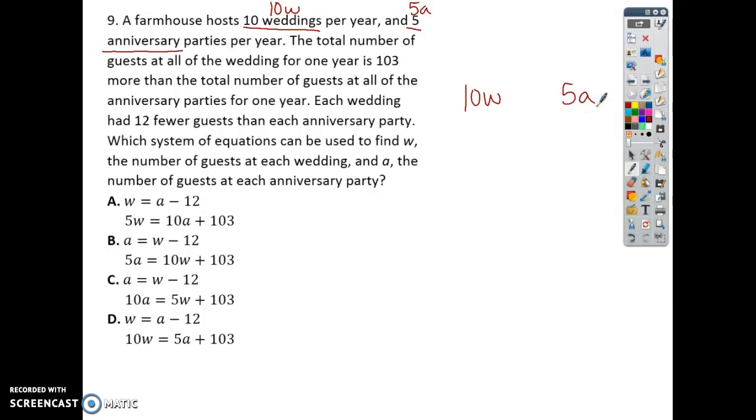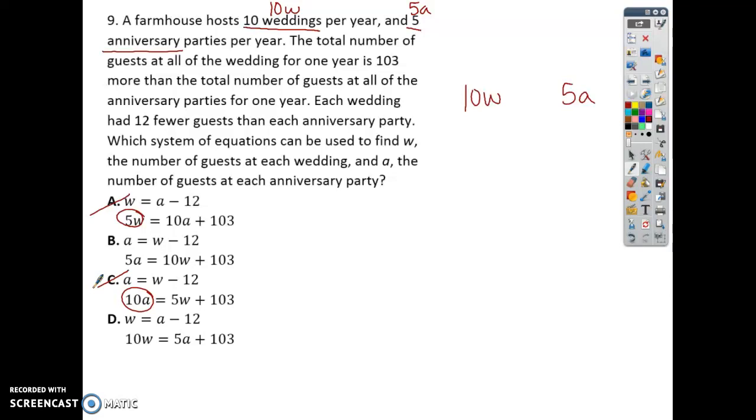Which one of the answer choices does not say 10 W's and 5 A's? I can eliminate A because it says 5W. I didn't say 5W, I said 10W. I can also eliminate C because it says 10A, not 10W. Okay, so it's easier to start eliminating than to try and go in there and make sense of stuff.